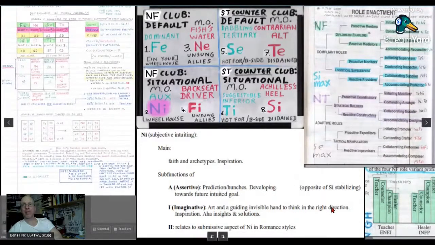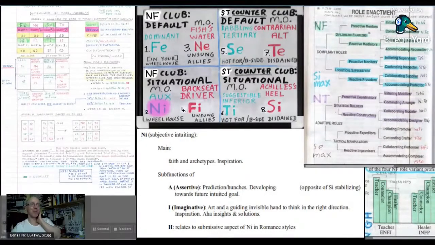Guiding invisible in the right direction, submissive aspects of NI. Yeah, that can come in. There's a part of ENFJ that is submissive, if the person that they're interested in has the right stuff. Because I know that's a little bit of a contradiction.